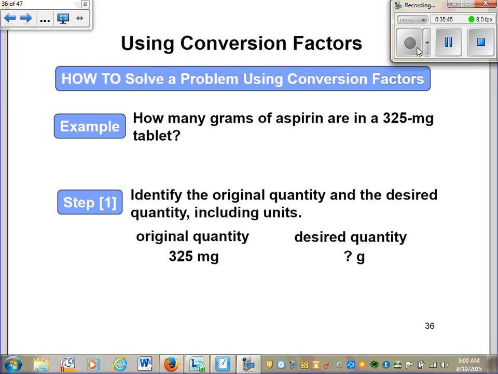So I have to multiply it by a conversion factor that has what in the top? Grams. What in the bottom? Milligrams. So what number goes in the top? The grams? What goes for milligrams? So now I have 325 divided by 1,000, which is 0.325. So don't use your calculators. You should know both. Divide by 1,000 with the decimal point over 3 spots.